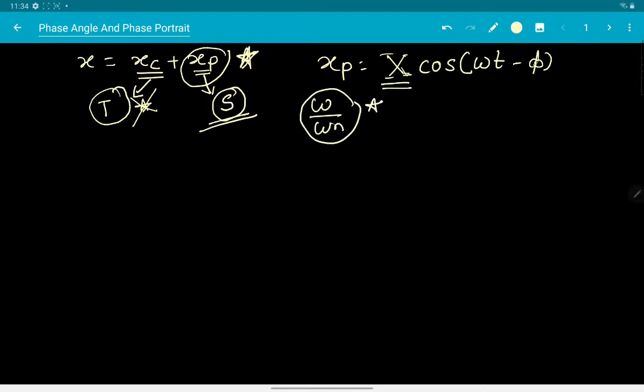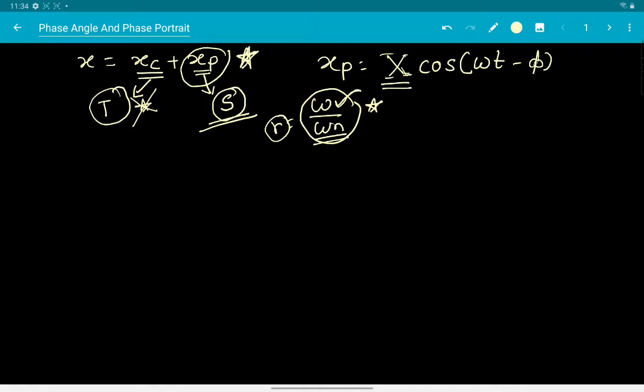This is the ratio of applied frequency of external excitation to the natural frequency of the system. These are obviously circular frequencies, and the ratio of these two is r. How x varies with changing r is something we already have seen in terms of magnification factor variation.